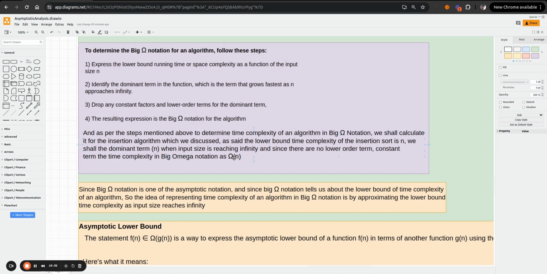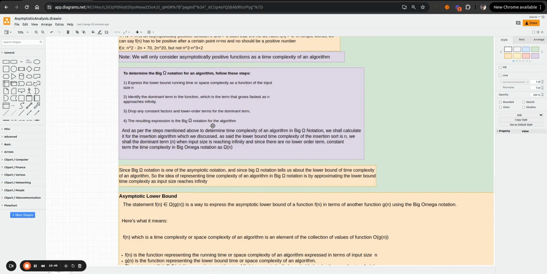In other words, we can say this is the lower bound time complexity of an algorithm when the input size is reaching infinity, or for larger input sizes. So this is how to determine big omega notation.